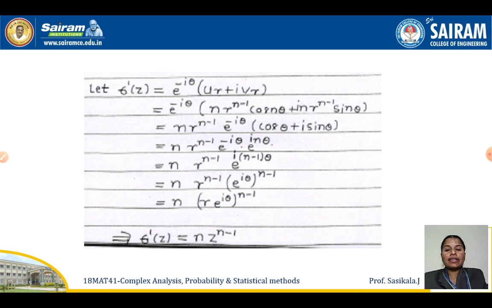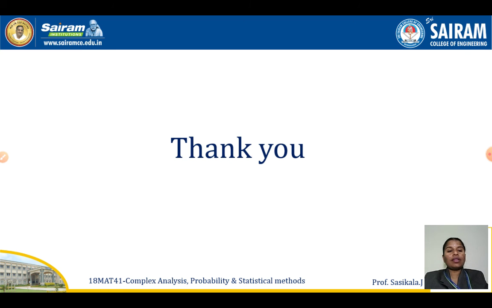So again these two terms I can write with i theta as common, I'll get n minus 1. So n into r power n minus 1 into e power i theta, the whole power n minus 1. So again r power and e power i theta power are the same. I can write r into e power i theta, the whole power n minus 1, which is nothing but z, isn't it? So n into z power n minus 1 is your f dash for the given function. Okay. That's all. Thank you.